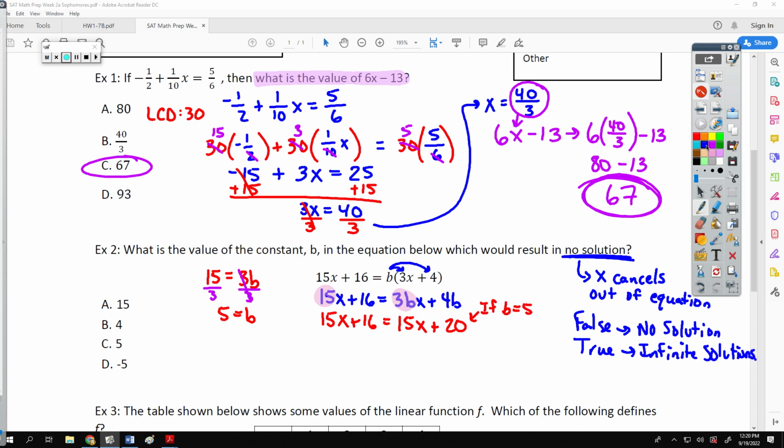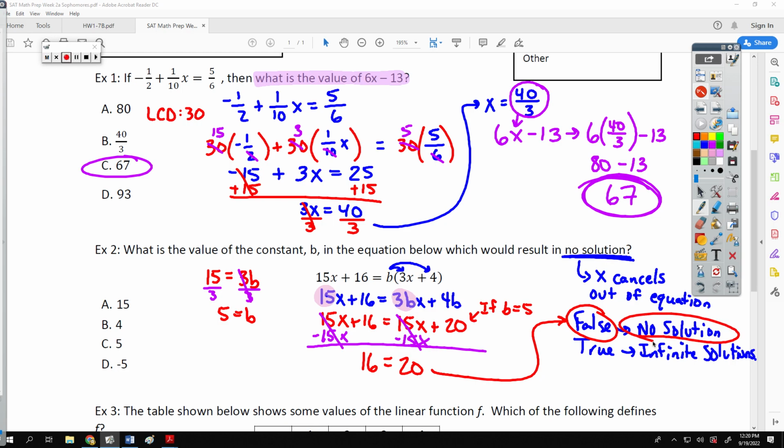Then, if we solve that equation by subtracting 15x from each side, the x drops out, leaving us with the expression 16 equals 20, which, as I said before, is false, which means there's no solution.